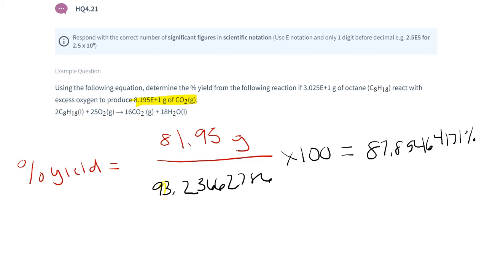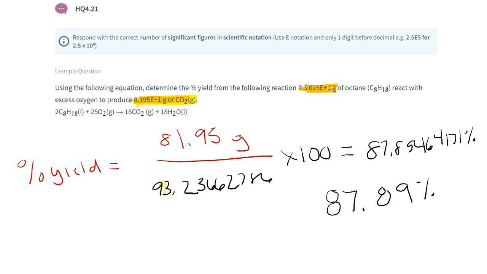So let's go back and look at significant figures so that we can get this number the right way. We started with two numbers in the equation. We had this 30.25, and that has four significant figures. So how many did the other have? And that's when we'll look here and see that this also has four significant figures. So for our final answer, we want to have four significant figures, meaning that this big long number is going to transform nicely down into 87.89%.